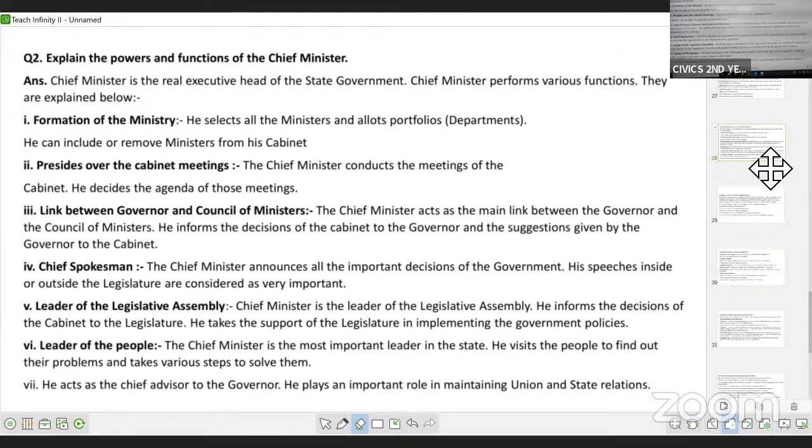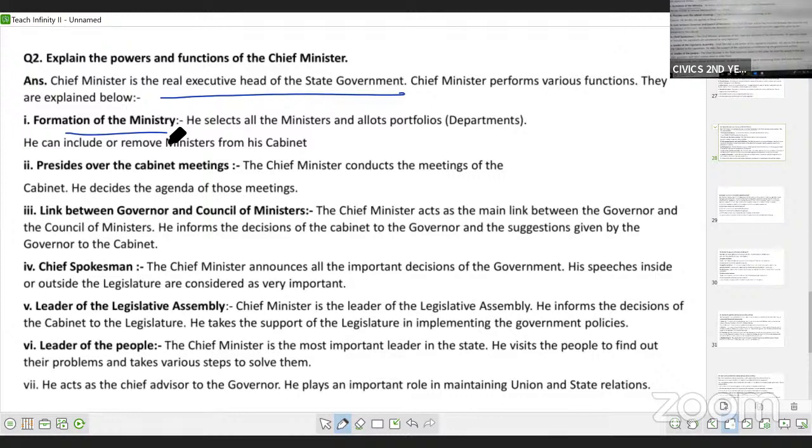Next question is, explain the powers and functions of the chief minister. Chief minister is the real executive head of the state government. So what are his functions? Formation of ministry. The party which secures majority in the assembly, the leader of that party is appointed as the chief minister by the governor of that state.